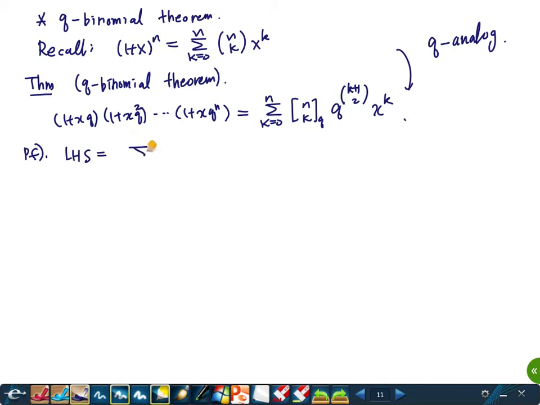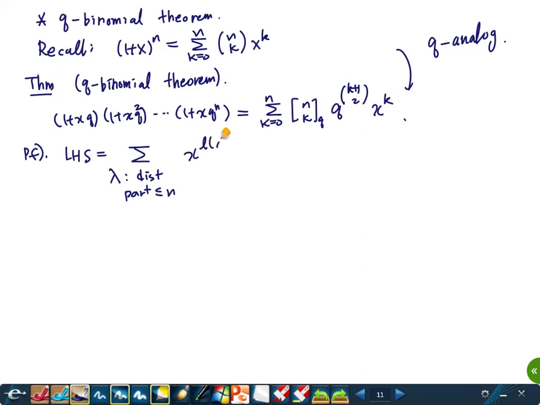So, let me write this way. One term in that expansion corresponds to making one partition lambda. So one term corresponds to one partition like this: a distinct partition with each part less than or equal to n.